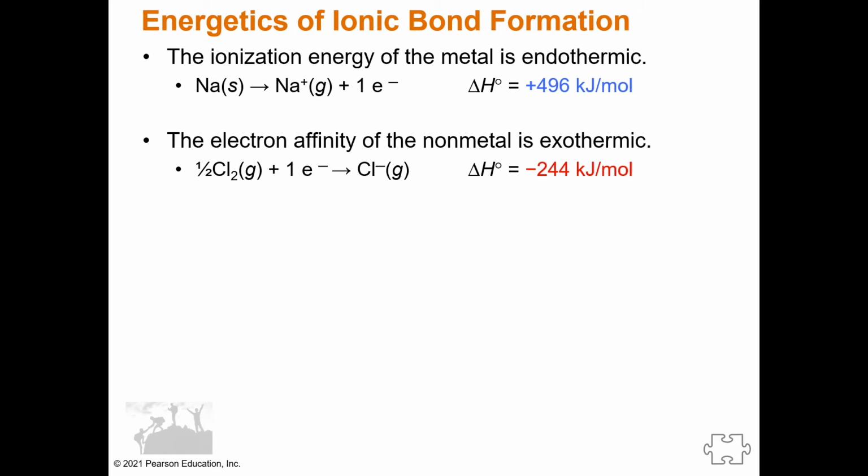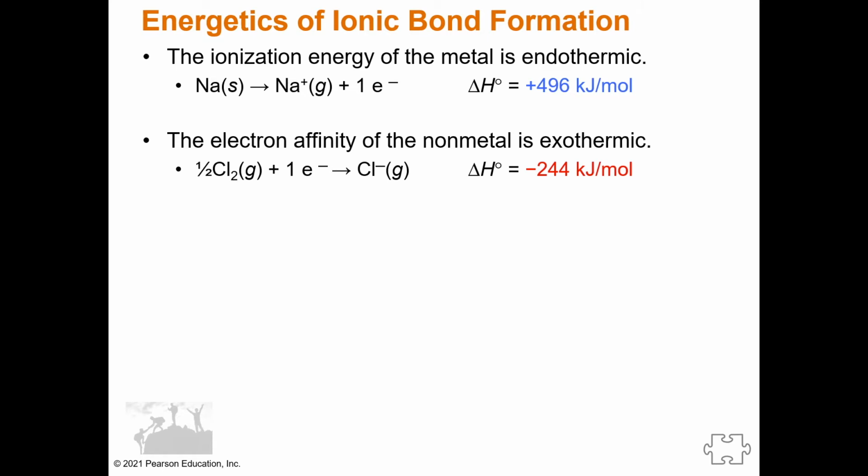With electron affinity, a nonmetal wants to gain an electron, and usually that is exothermic. And you see that here with chlorine gas. So when we add these two values together, we are trying to form NaCl solid.